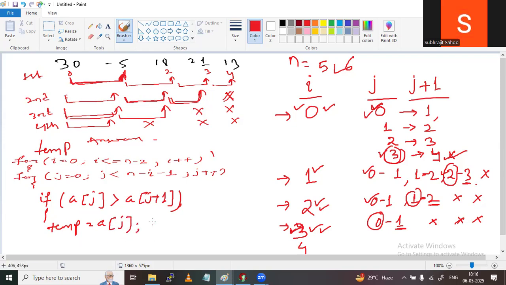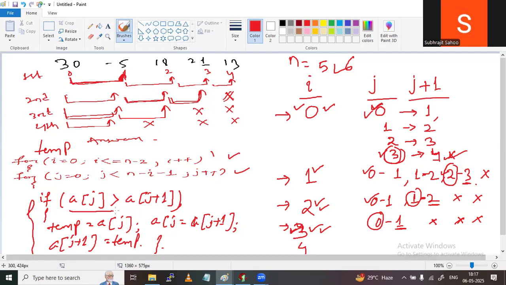Then a of j equal to a of j plus 1, then a of j plus 1 equal to temp, then bracket close. By writing this, all the elements, this is the looping statement, it will repeat automatically, internally. And by writing this, this is the swapping mechanism.